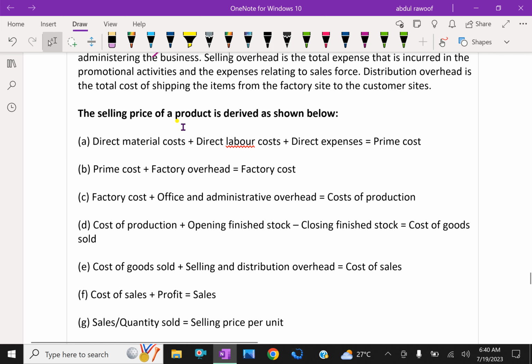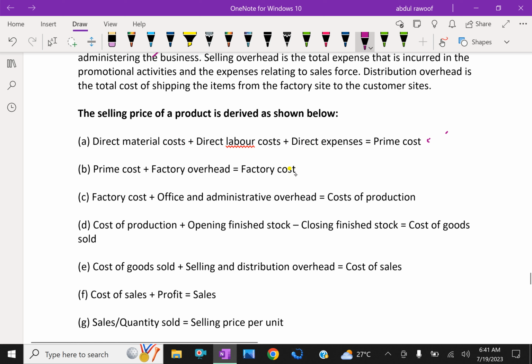The selling price of your product is derived as shown below. Step by step, you have to go through the formula for cost to get the selling price of the product. First, direct material cost, that is how much they purchased, plus direct labor cost plus direct expenses is called prime cost.